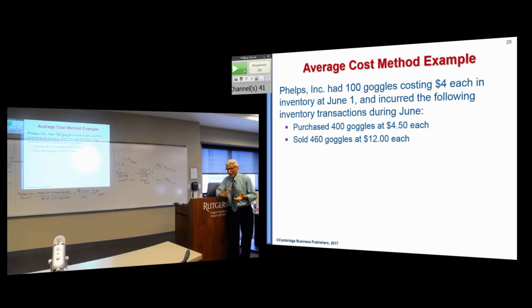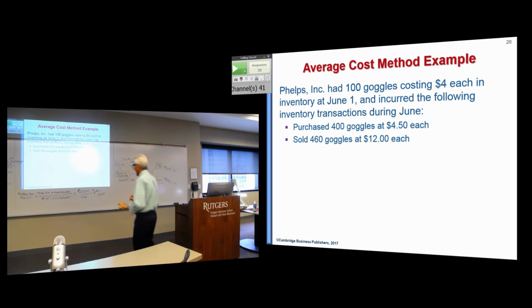Right? It can't be. So, you might make a mistake. You might use the HP calculator without knowing how to use it. Right now, we'll get there. So, again, the weights make sense to me because you got more units at $4.50 than you do at $4.